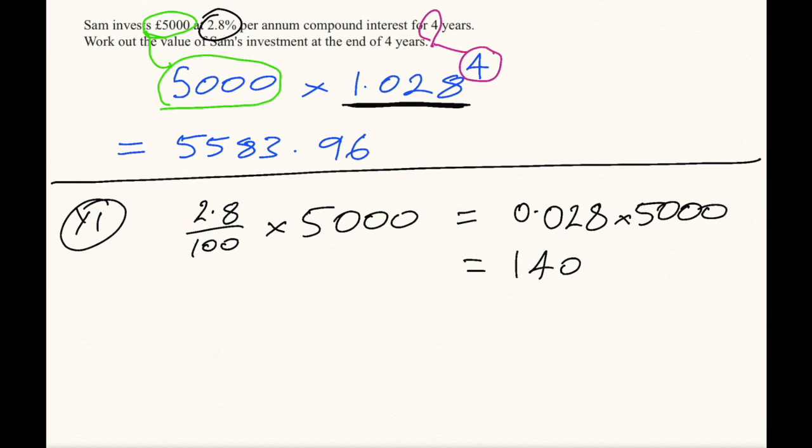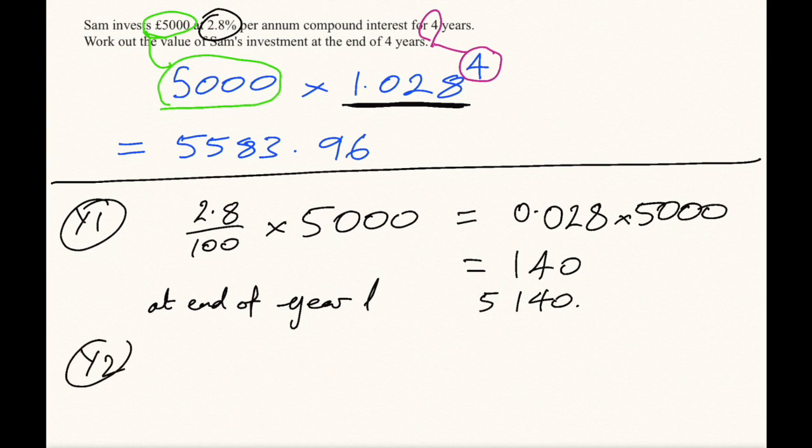And then because it's compounded, we then take the 140 and add it to the original 5,000. So at the end of year 1 we have £5,140, and then you put that into year 2, and so on. Now it looks like we've got the 0.028, but we also need to get the 1.